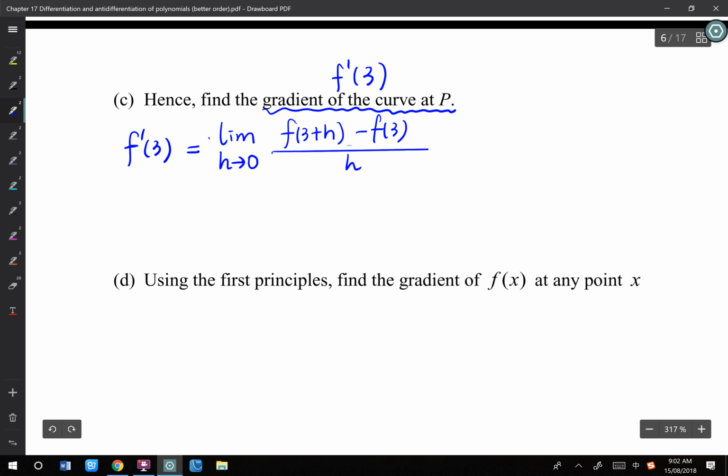Okay, so I haven't done anything, it's just a notation. It's just an f' notation. For any function f(x), I can work out the gradient by using this formula.